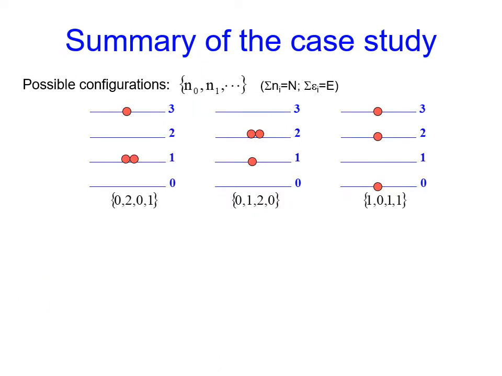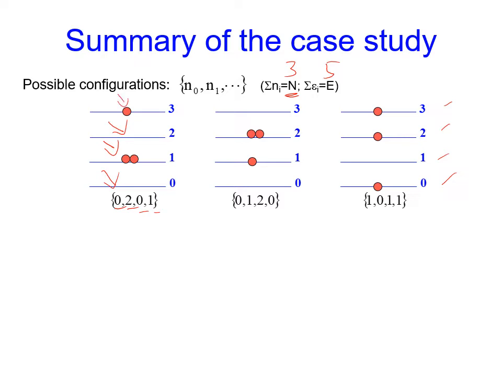In summary, for the simple system where we have 3 particles, n equals 3, total energy 5 energy units, and 4 energy levels, 0, 1, 2, 3, there are 3 possible configurations. The first one is 0, 2, 0, 1. So 0 molecules in the lowest energy level, 2 molecules in the second energy level, 0 in the third energy level, and 1 in the fourth energy level.